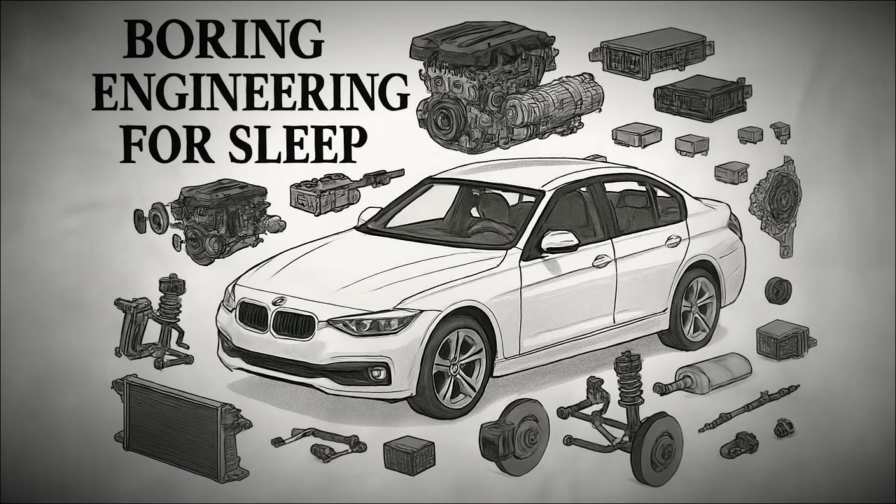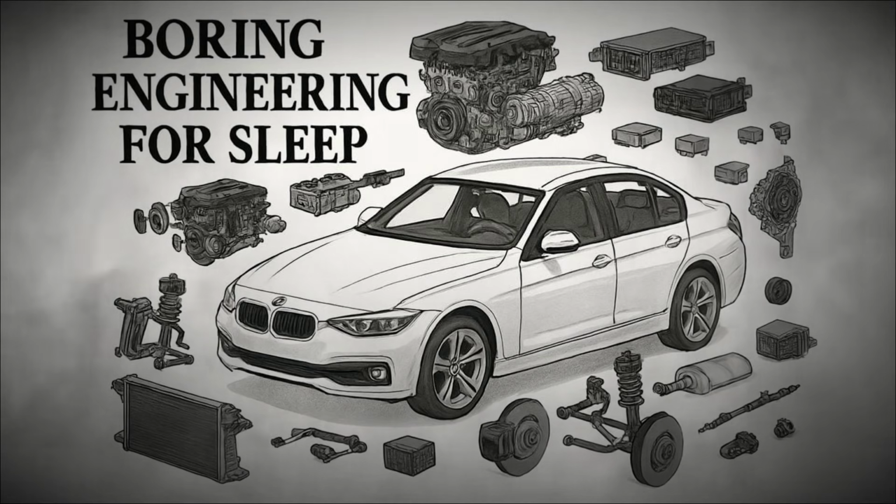Along with transmitting power, the driveshaft must remain balanced, since even small imbalances at high speed can cause vibrations, noise, and wear on bearings. Balance weights are often welded onto the shaft to ensure smooth rotation.